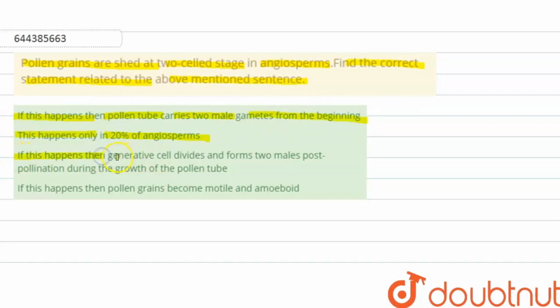If this happens, then generative cell divides and forms two male gametes post-pollination during the growth of pollen tubes. And if this happens, then pollen grains become motile and amoeboid. Okay, so here that second statement, that is 20% of angiosperms, is wrong here, because the pollen grains are shed at two-celled stage in angiosperms, that is about 60% of flowering plants.